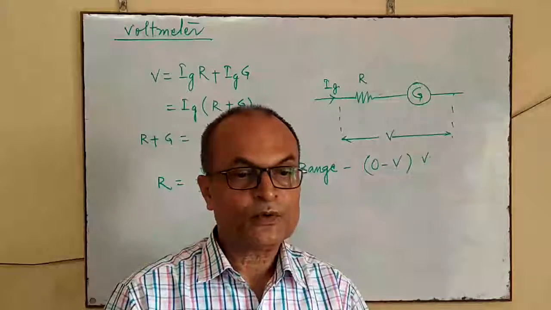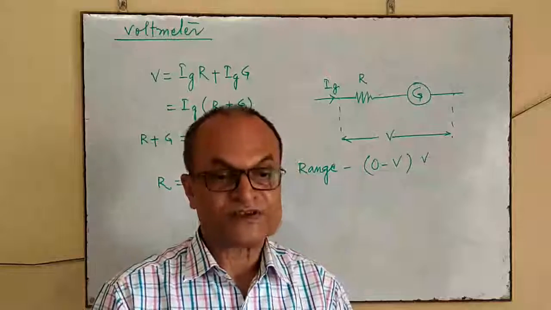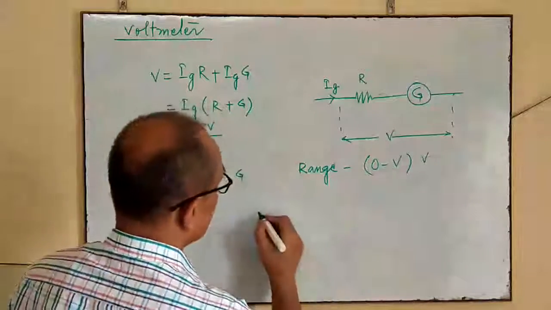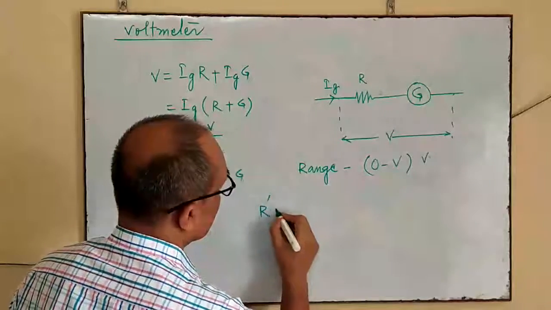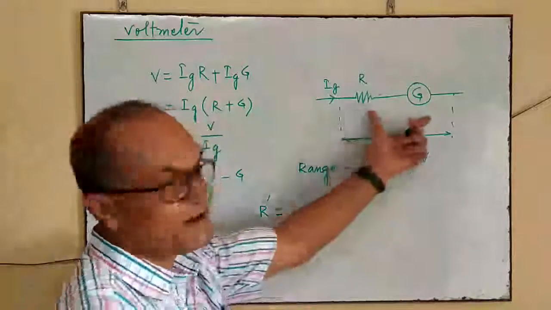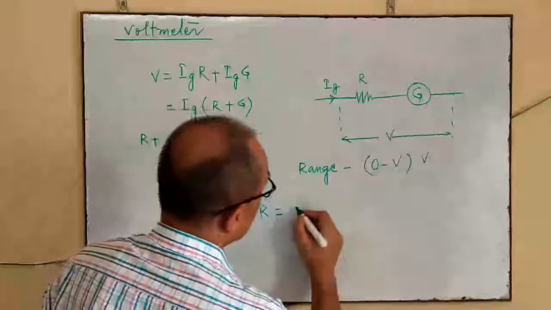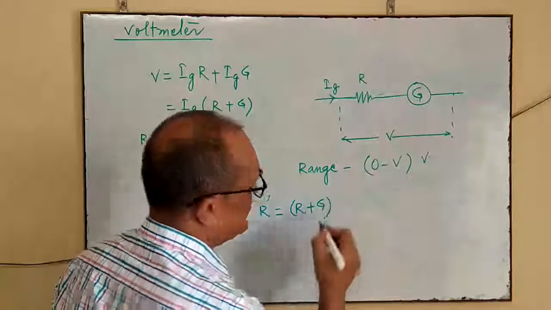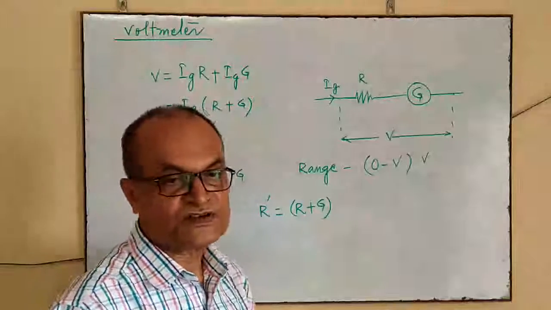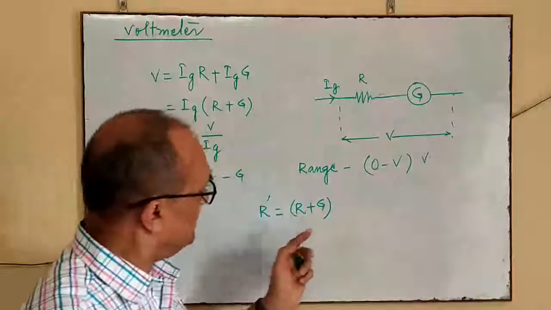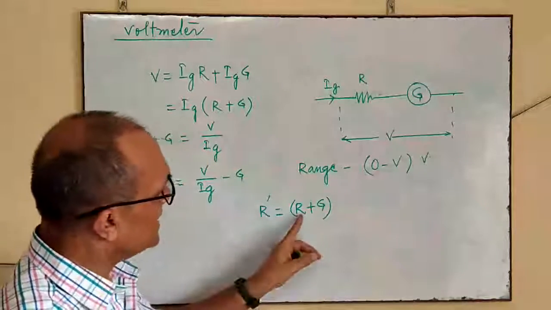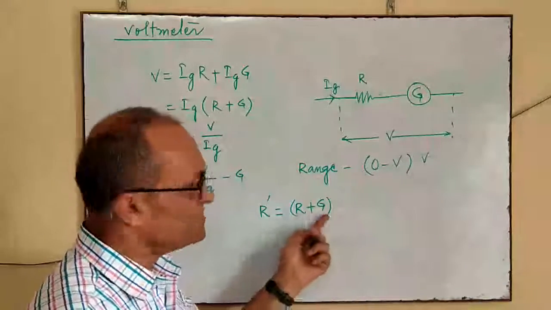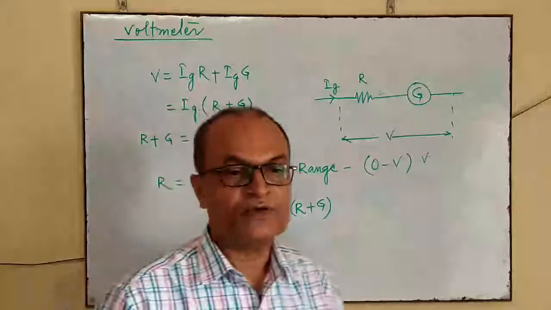Now we are going to find the effective resistance of the voltmeter. Suppose the effective resistance is R dash. These two are in series, so we can write R plus G. This is the effective resistance, and this R is very high, so the value of R plus G will also be very high.